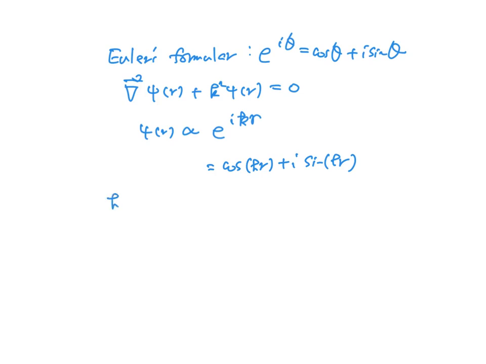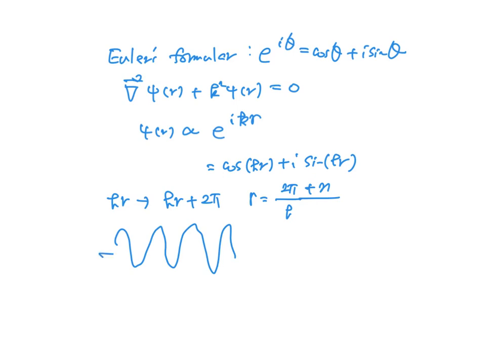When kr increases by 2 pi, we get the same magnitude, right? So if r increases by 2 pi over k times an integer n, you get the same value. That means this function is repeating itself at certain distances, right?